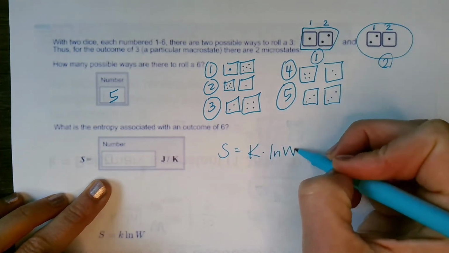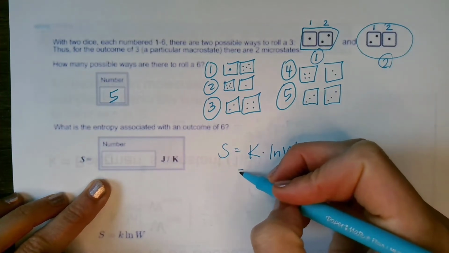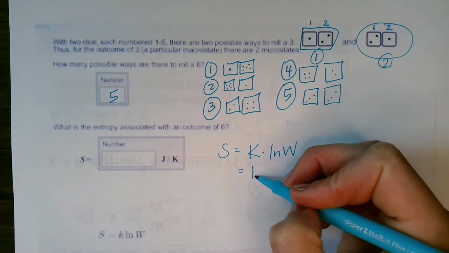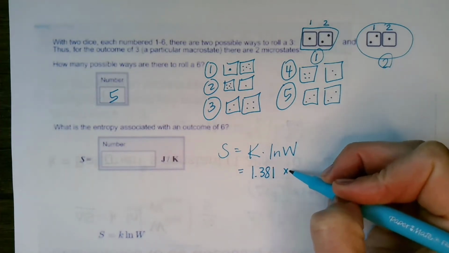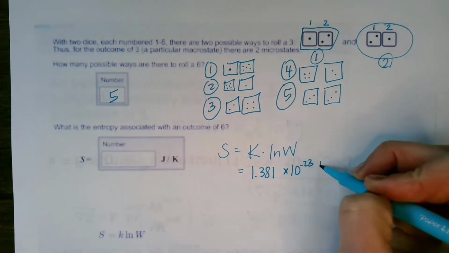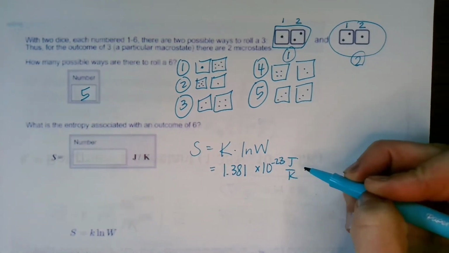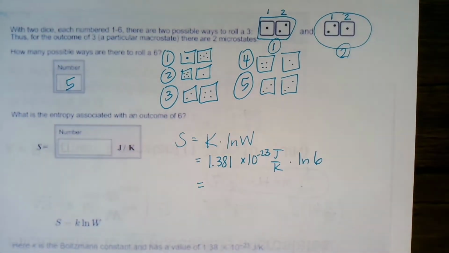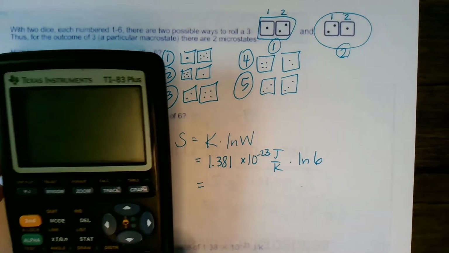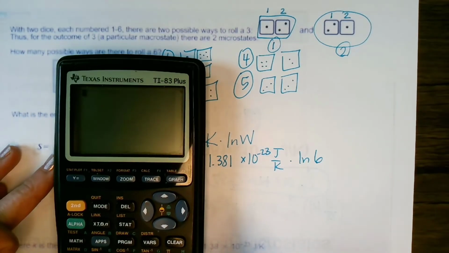So we're going to use our S is equal to Boltzmann's constant times the natural log of W, which is our microstates. So 1.381 times 10 to the negative 23rd joules per Kelvin times the natural log of 6. And let's put that into our calculator here.